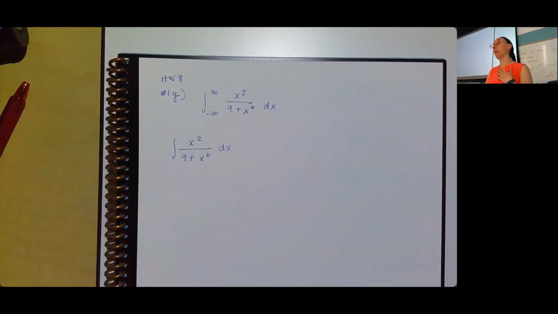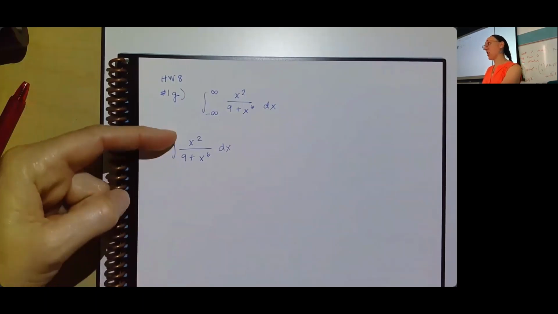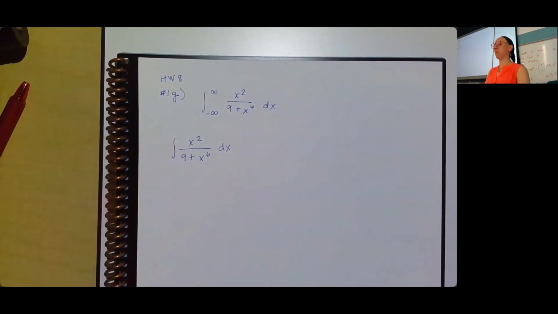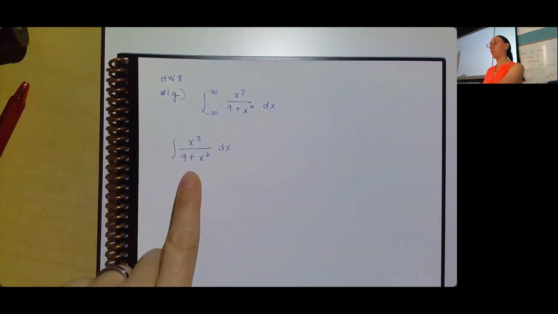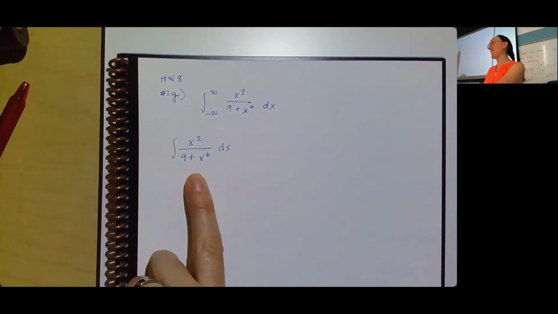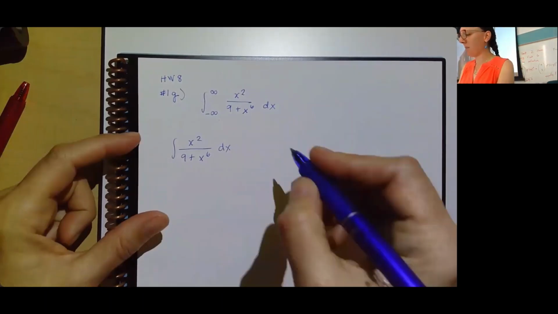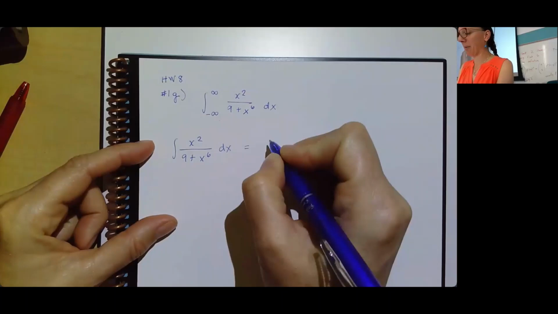I personally wouldn't go to integration by parts because it's just algebra. And if it's just algebra, I'm hoping there's something else I can do. It's a fraction. The power on top is smaller, so it's not going to be long division. And the bottom doesn't factor, so it's not going to be partial fractions. But there is an algebra trick that we can do to make a U substitution magically appear.